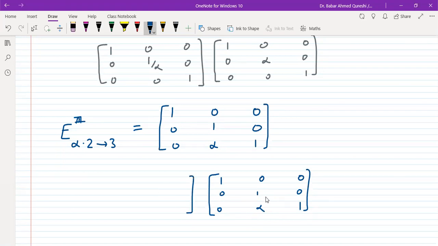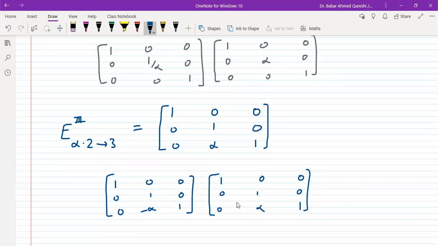By multiplying the second row with minus alpha and adding it to the third row. Because now this is also an elementary matrix which adds minus alpha times the second row to the third row. And when we do that to this guy, I get a 0 back over here.